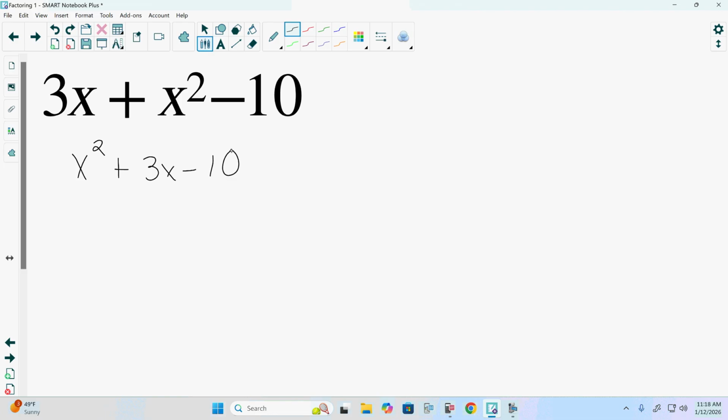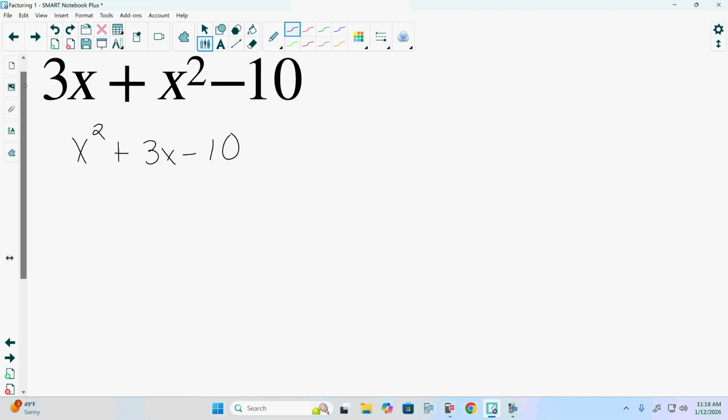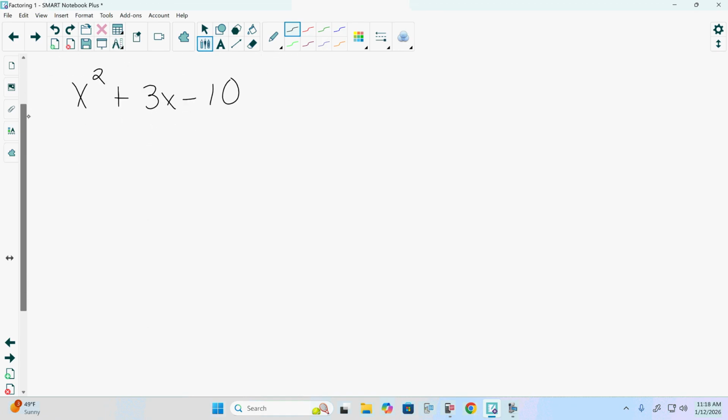X squared, x, constant term. Now, since it was not written in standard form, x squared was not first, then our x term, then our constant term, we need to get it back in that form so that we can actually start factoring this.